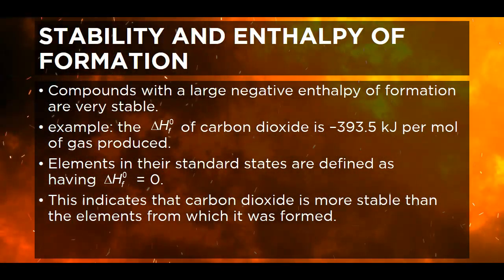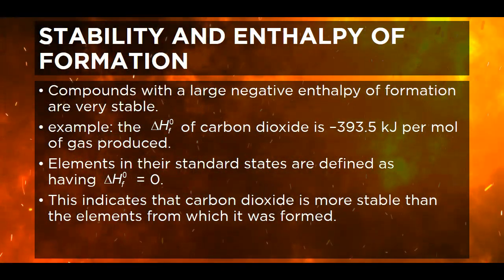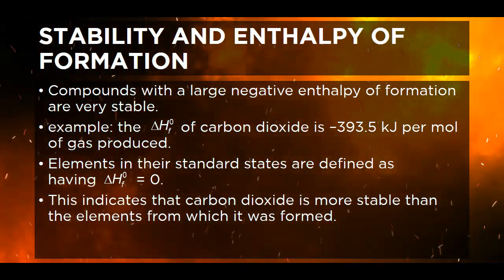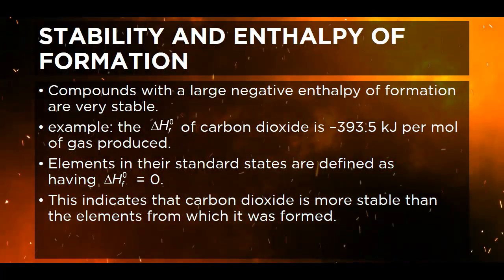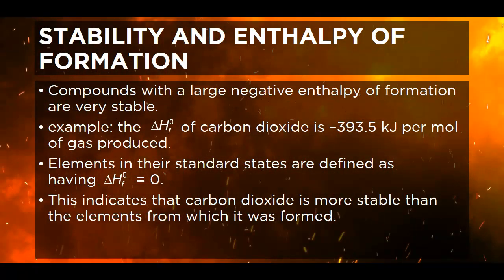Another important thing to note is that elements in their standard state, like O2, N2, or for instance aluminum would just be Al, or magnesium would just be Mg, always have a formation of 0, because there's not really anything to put together to build them up.